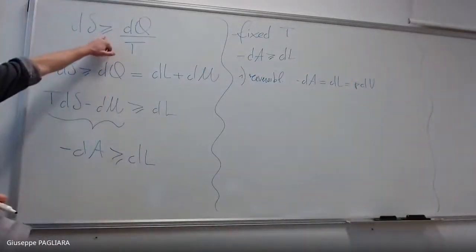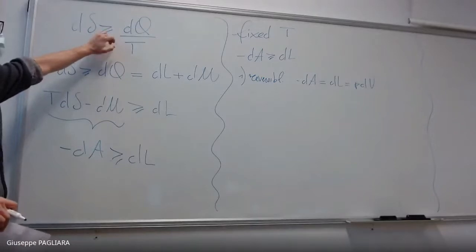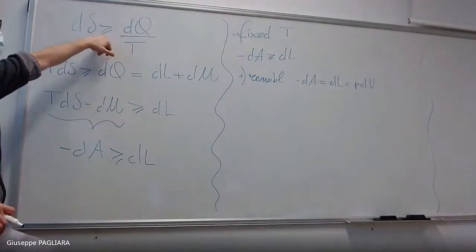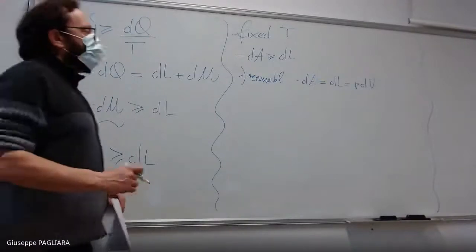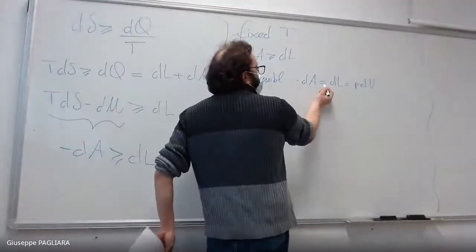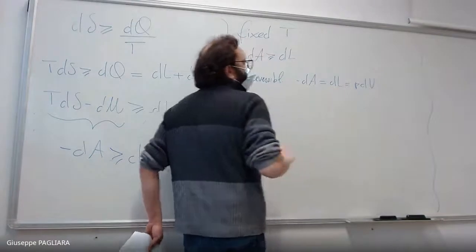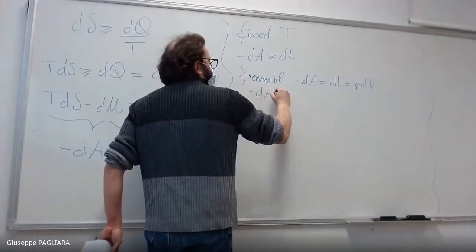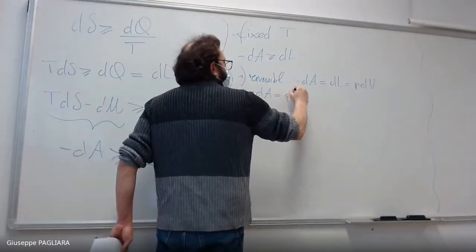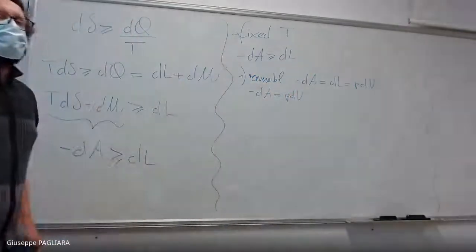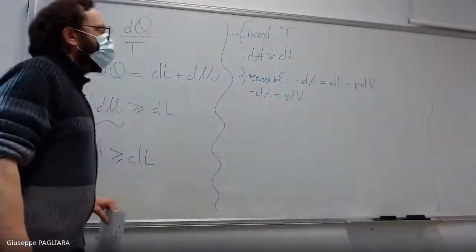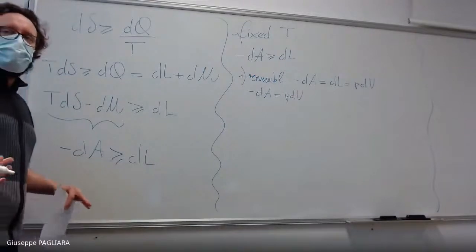Because the Clausius theorem, as I said before, the inequality holds true in the case of irreversible transformation, and the equality holds true for reversible transformation. So for reversible, I have an equal here, and also dL is equal to PdV. So what this equation is telling me is that the variation of Helmholtz free energy is equal, up to a sign, to the exchange of work.